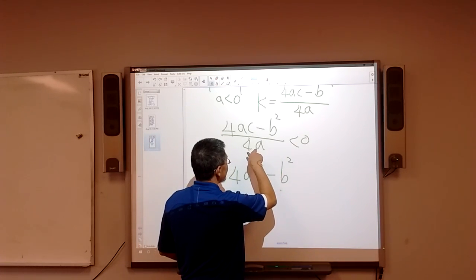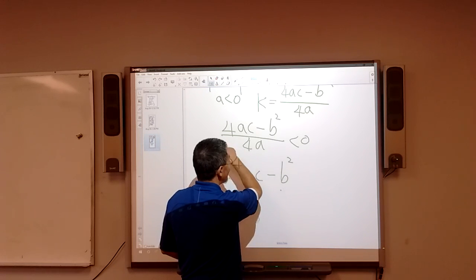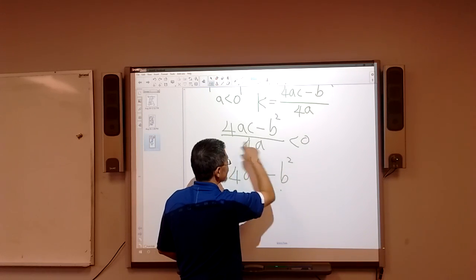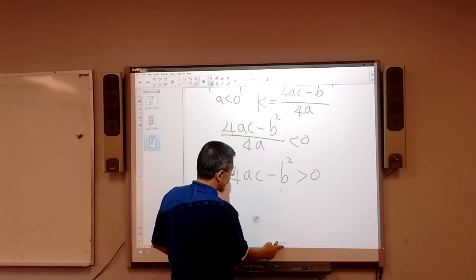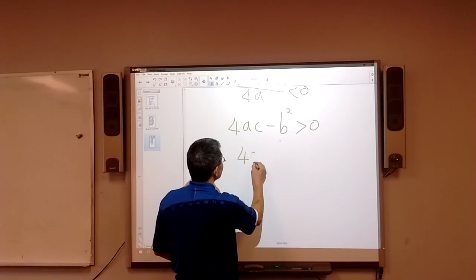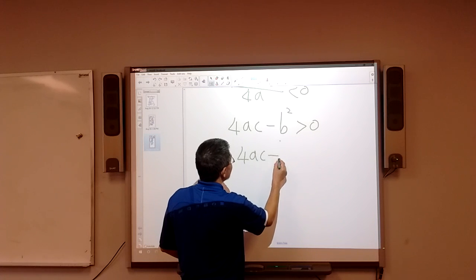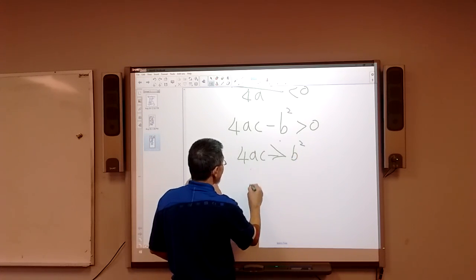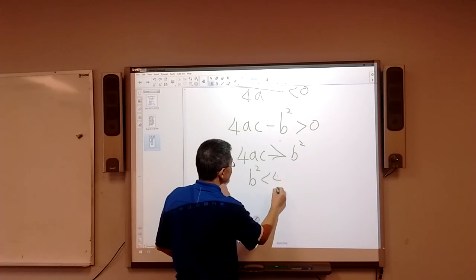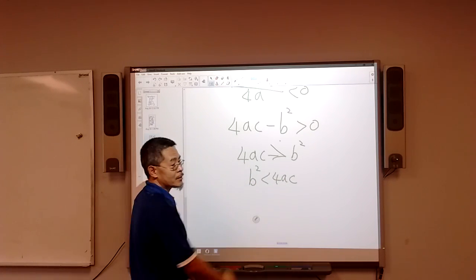Multiply by a negative number, change the inequality. Then we get the same answer, right? This has to be greater than b squared, which is the same thing as b squared less than 4ac. We got the same condition.